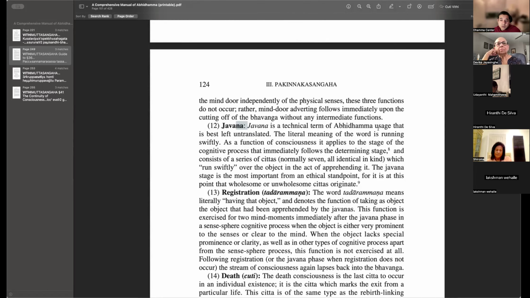The Javana stage is the most important from an ethical standpoint, for it is at this point that wholesome or unwholesome chittas originate.